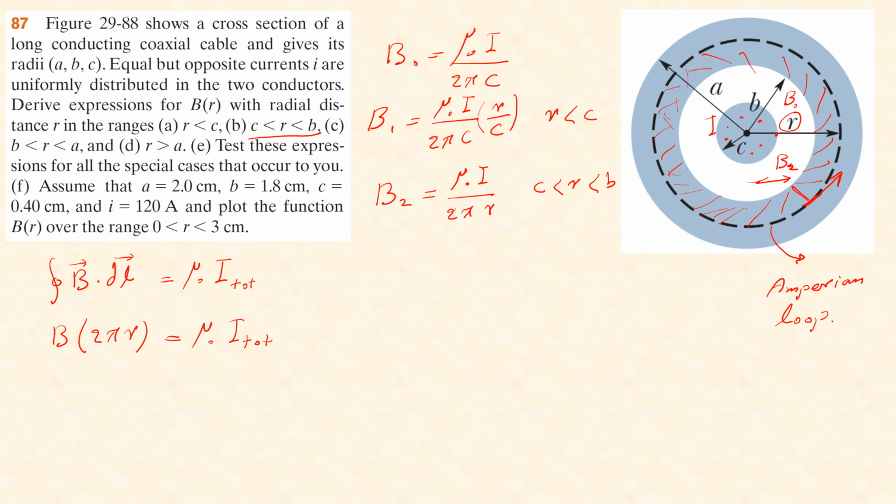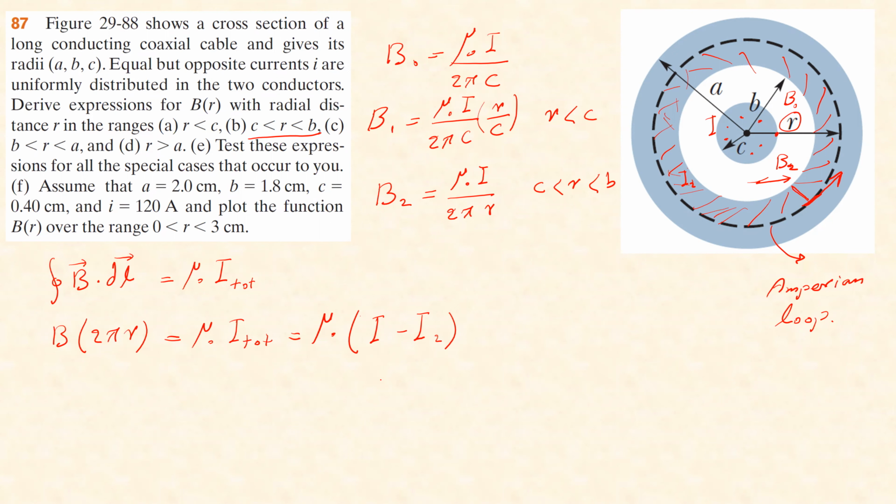So this I from the middle one, let's take that as positive. Let's call this I2 that goes into here. So this becomes mu naught times I minus I2, right? I from the middle minus I2.